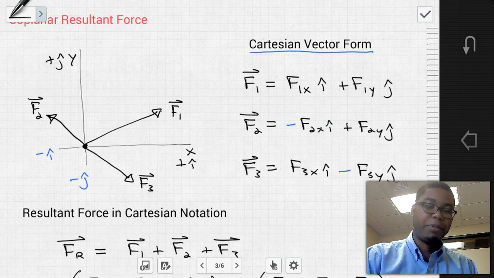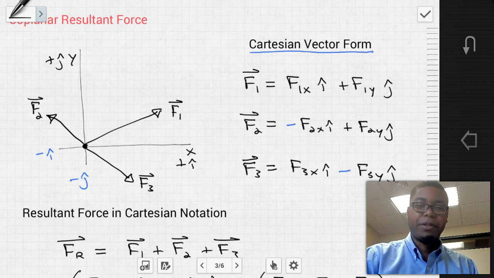Now let's look at another example, force vector F3. If we were to decompose this, we can see that it would have a positive i component and a negative j component. So the Cartesian form is vector F3 is equal to magnitude F3x times direction i minus F3y of j, where the negative unit vector is represented by the negative sign in front of the F3y j.